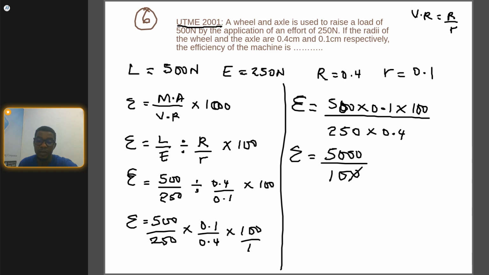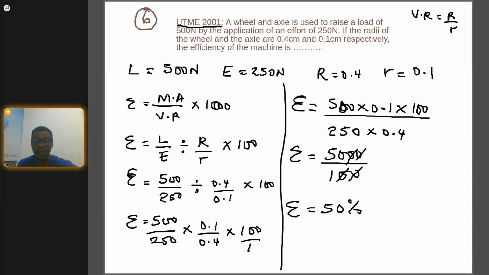If 0 cancels 0, 0 cancels 0, efficiency equals 50%. So the efficiency of the machine is 50%.